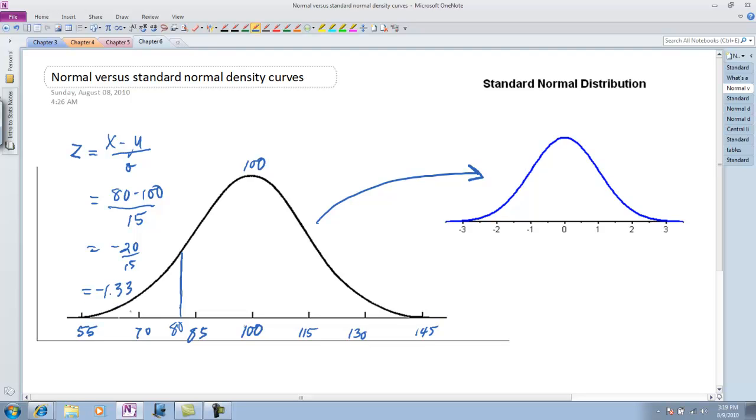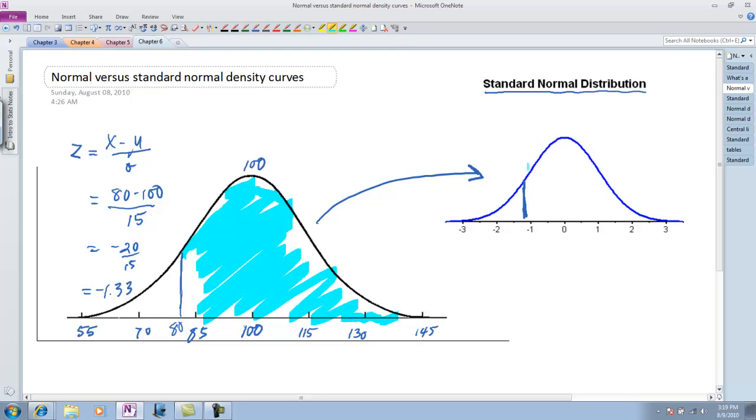So this 80 here would equate to a negative 1.33 on the standard normal distribution. And if they wanted to know what percent of people have an IQ higher than 80, we couldn't figure that out unless we figured out what percent of a standard normal distribution has a z value greater than negative 1.33.